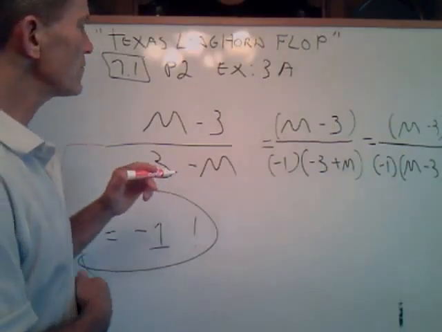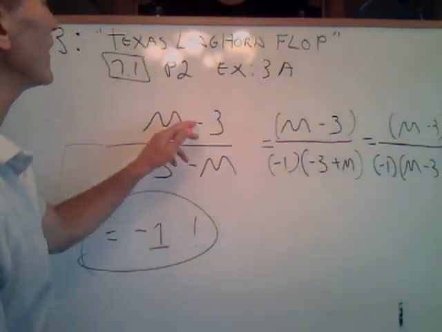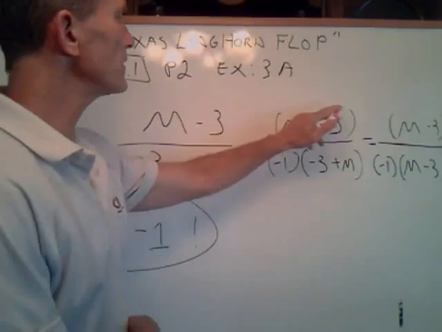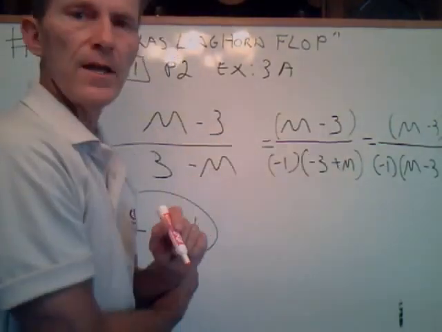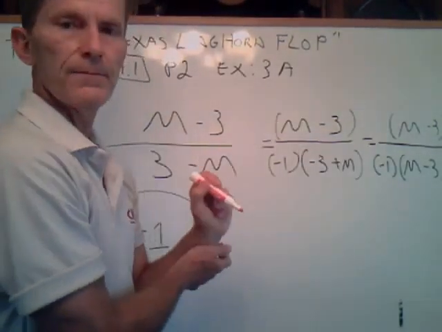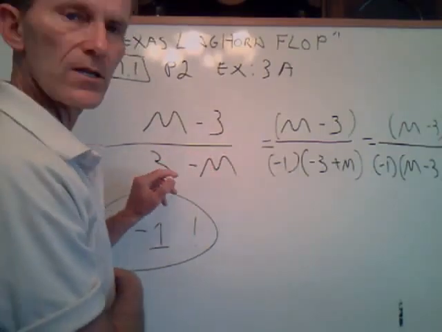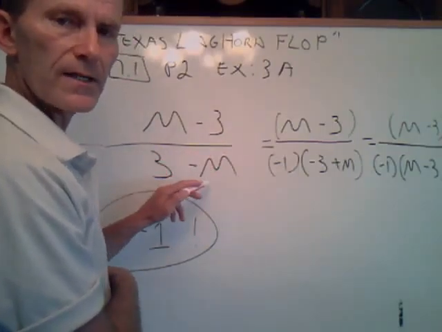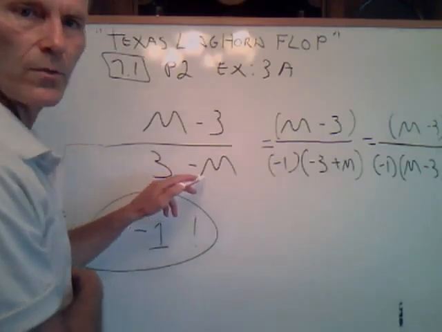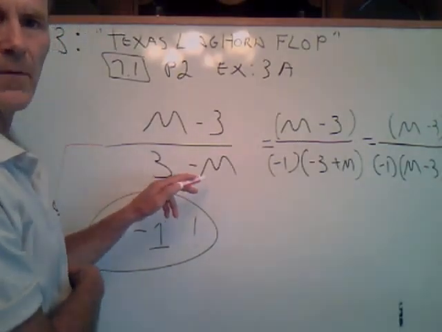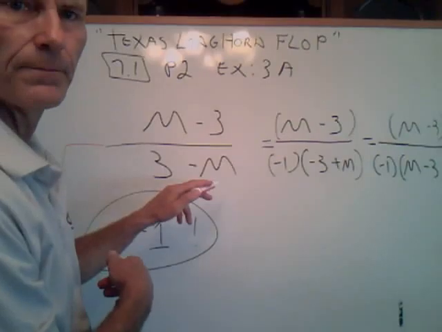Here's what's going on. Up in the numerator, I'm going to leave it alone. I'm going to put parentheses just to show that it's a factor, and I'm not going to touch it the whole way across. Down here in the denominator is 3 minus m. I'm going to choose to pull out a greatest common factor of -1.